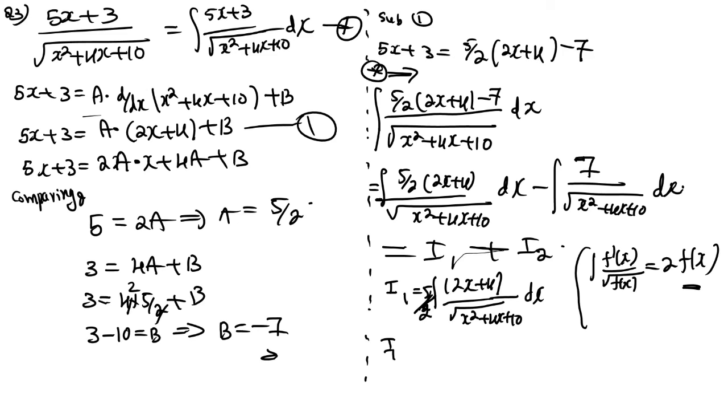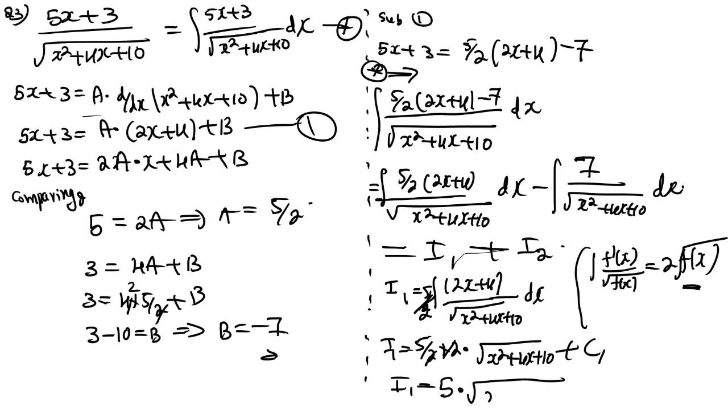So I1 value is equal to 5 by 2 into 2 into square root of x square plus 4x plus 10, plus integration constant c1. Then the 2 gets cancelled, so I1 is equal to 5 into square root of x square plus 4x plus 10 plus integration constant c1.